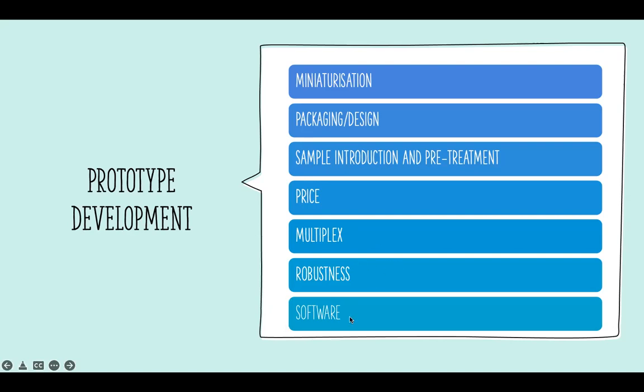And of course, software, because of the interface. Software is very important in the development of sensors. You need to translate the spectrum, the current, whatsoever that you have gotten, into a display that common people can read.